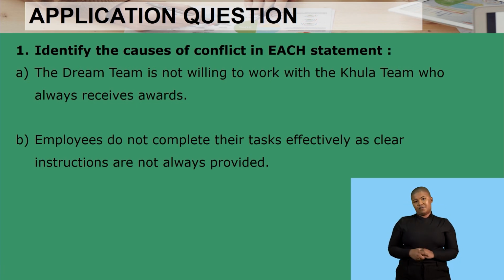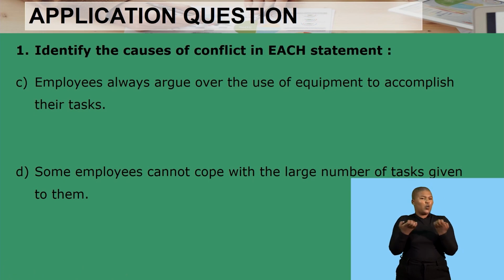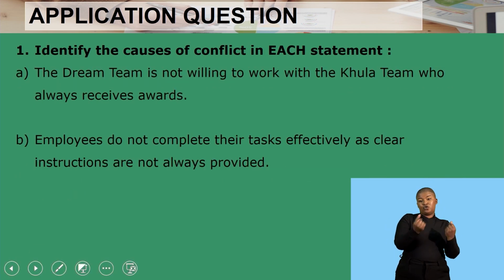You are supposed to identify aspects that would cause conflict from these statements, and keep in mind that we also have options C and D. Option C says employees argue over the use of equipment to accomplish their tasks. Option D says some employees cannot cope with the large number of tasks given to them. Let's solve options A and B first.